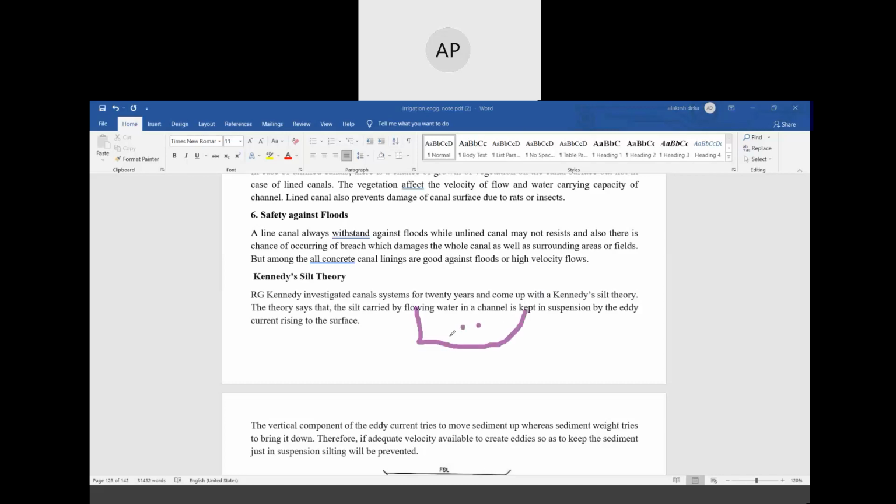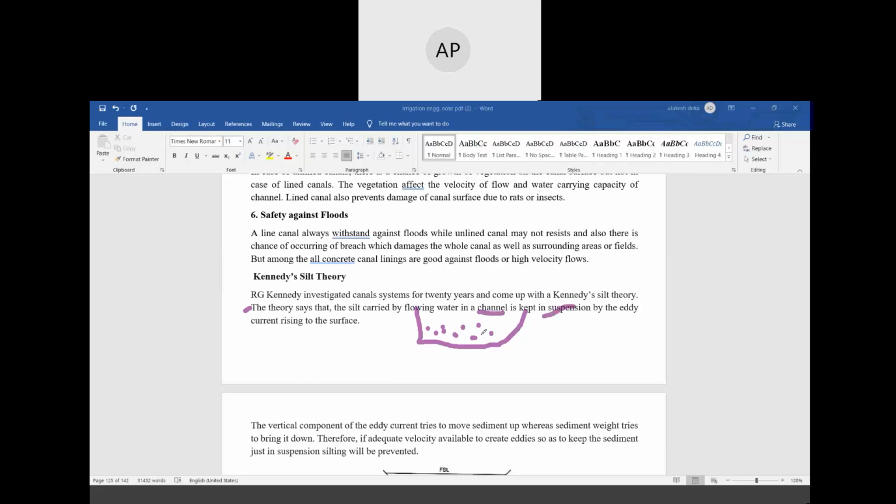Here is some silt. Water always carries some suspended particles, isn't it? So that will also flow together with the water. So what happens to the silt? He gave some explanation regarding this silt deposit. The theory says that silt carried by flowing water in a channel is kept in suspension.